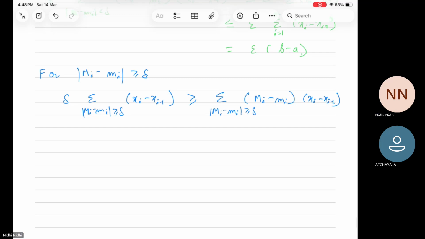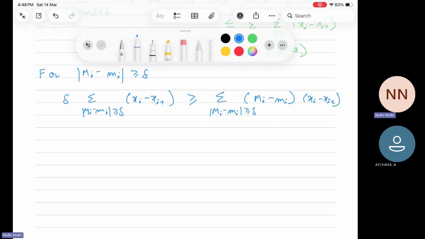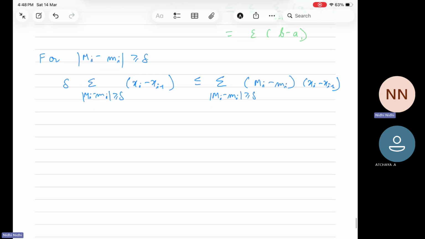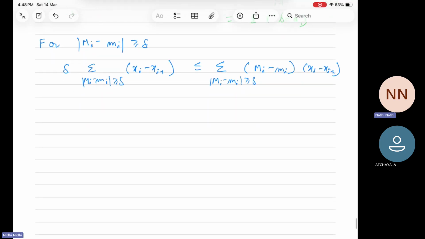And sorry, this is less than or equal to delta, no? Less than or equal to. And this is less than or equal to UPF minus LPF, which is less than or equal to delta.